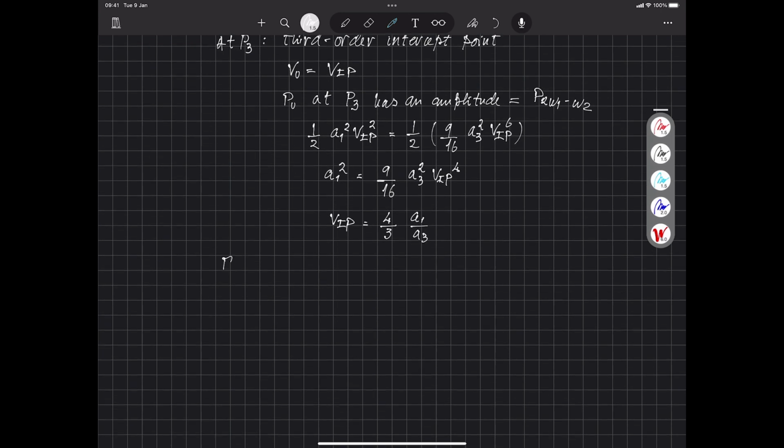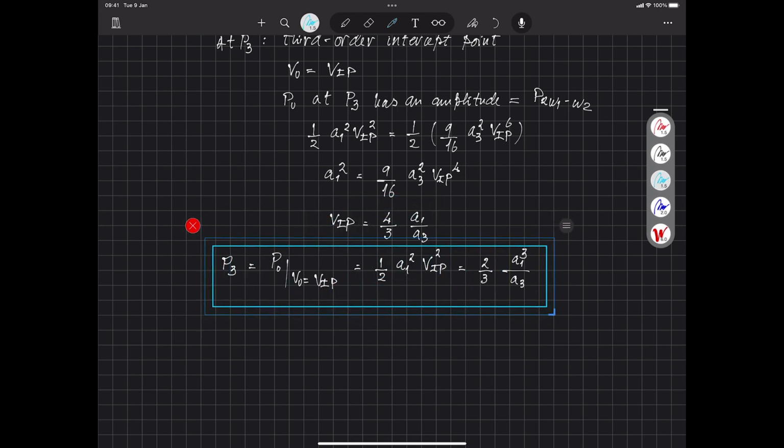And P3 by definition is equal to P0 when the amplitude is equal to the amplitude at the intersect point, which gives us 1/2 A1 squared V IP squared, which is equal to 2/3 of A1 to the power of 3 over A3, which is the equation we have for the third order intersect point.